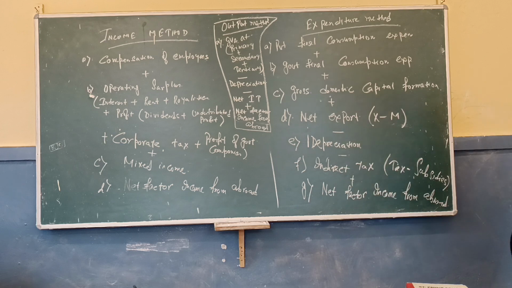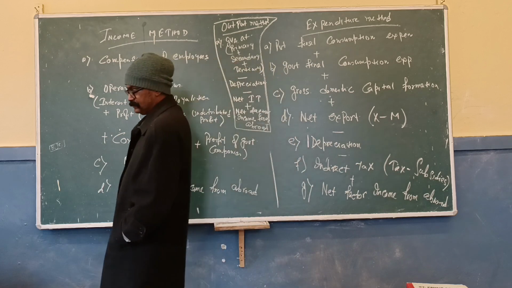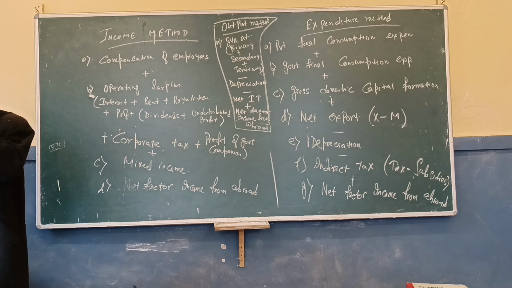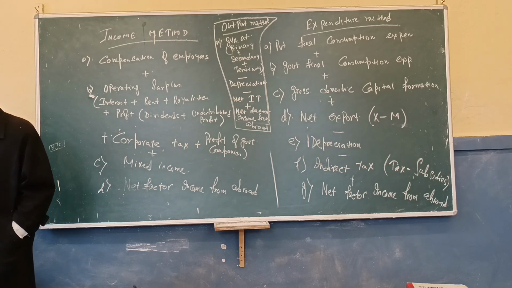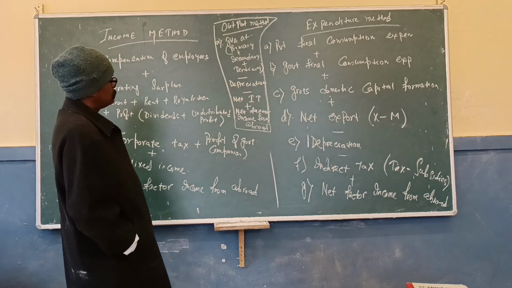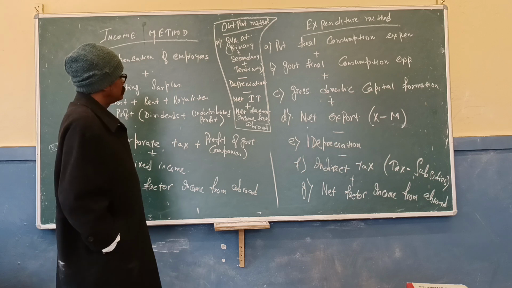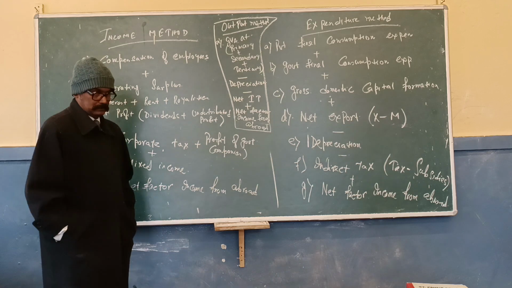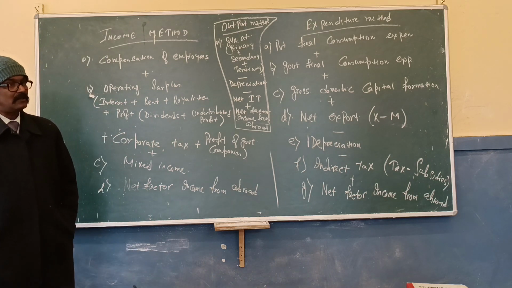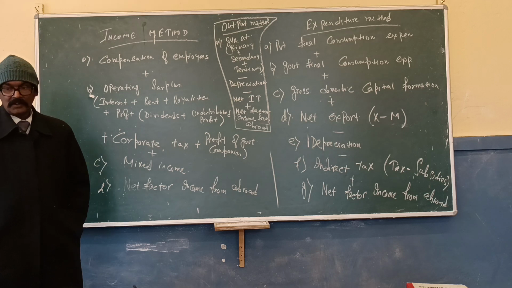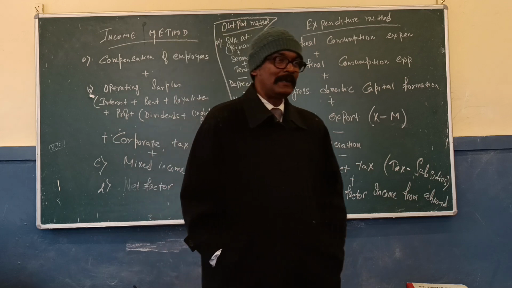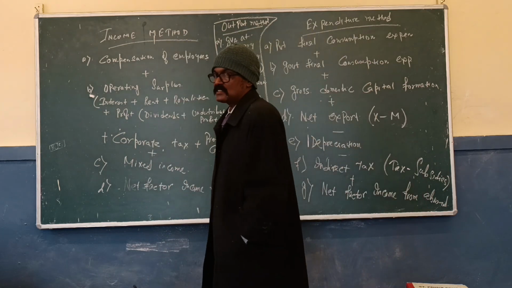Use your brain. Done? How much did you get? 630. You got? My boys are becoming champions now. Yes, this is correct.